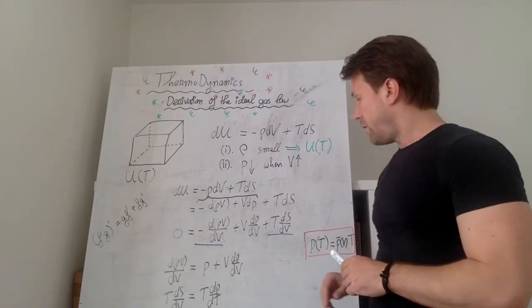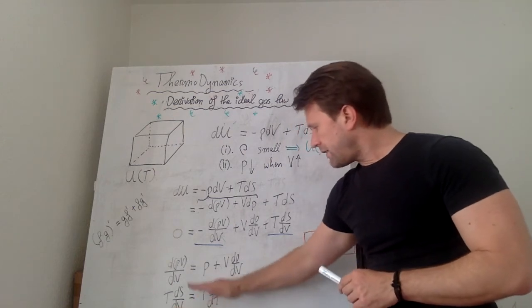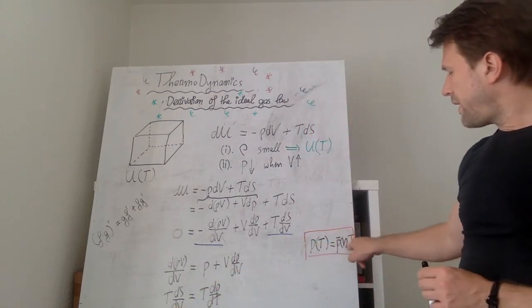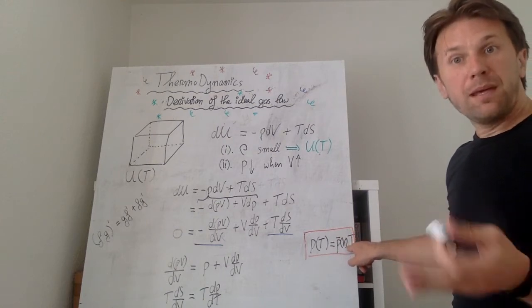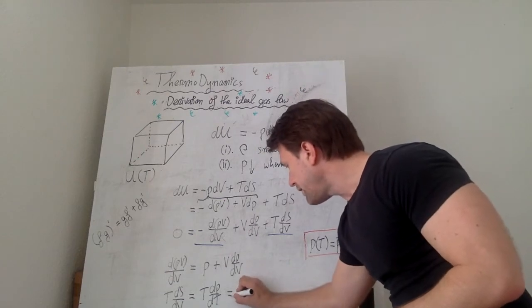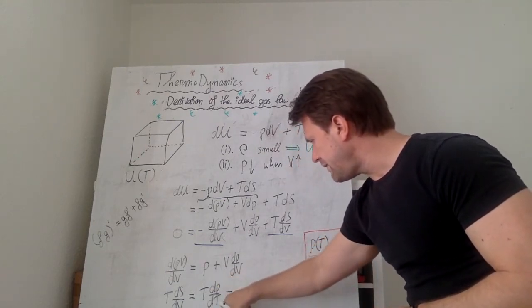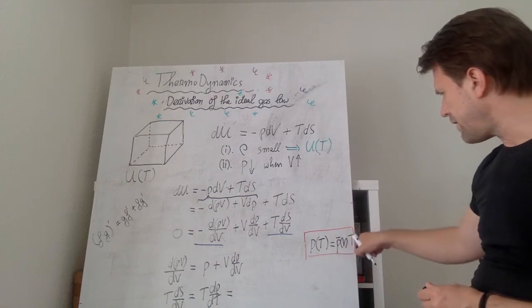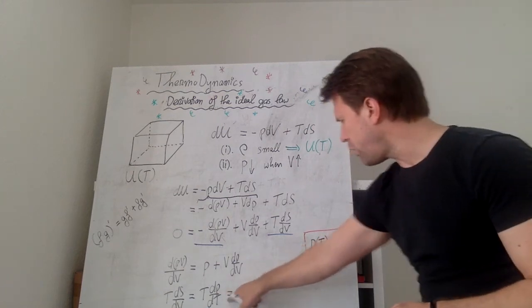Now, I want to show that this part is bigger than that part. And in order to do that, I'm going to put in what I've already concluded, namely how P and T are related. I could put that in. Let me do it here first. T times dP/dT, but P is just this P bar times T, so the derivative will only work on this.